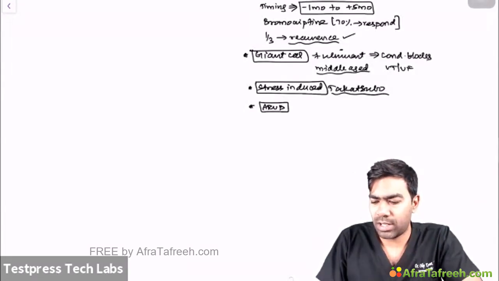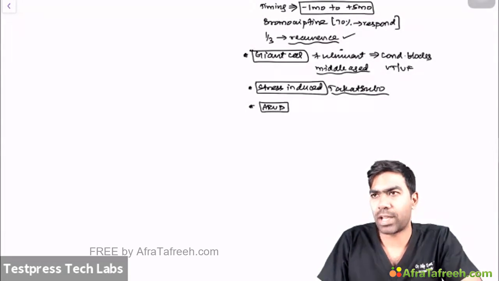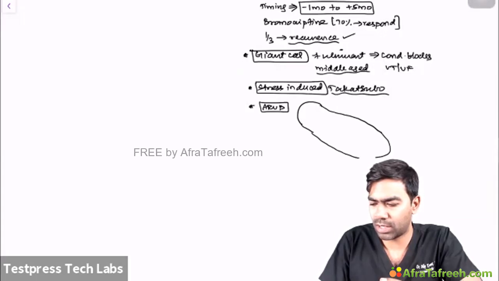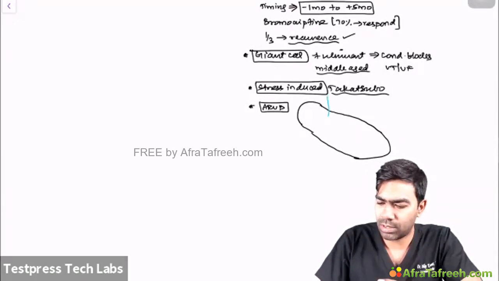So basically, there will be fat dysplasia, and if you take the right ventricle, let me draw the right ventricle. I can draw from the side. For example, this is the right atrium, this is the right ventricle, and this is the RVOT.